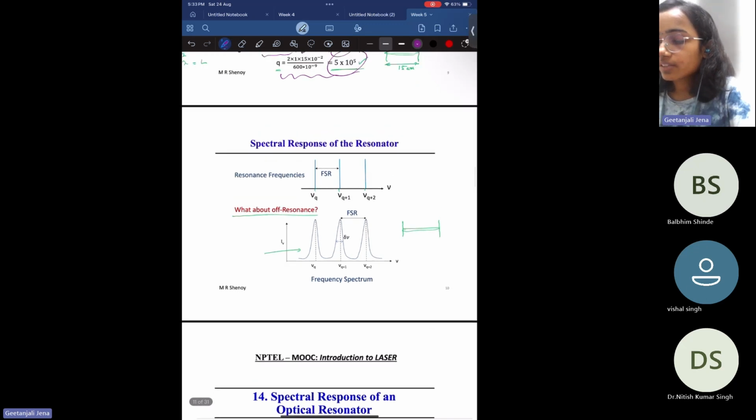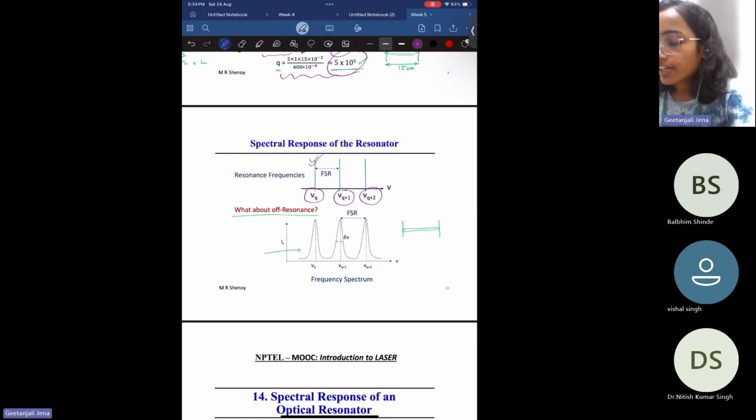Now consider the spectral response, that is the intensity profile with respect to frequency. Around the resonance frequency, the intensity will be maximum. If nu q plus 1 and nu q plus 2 are the resonance frequencies, then the intensity will be high at these frequencies.